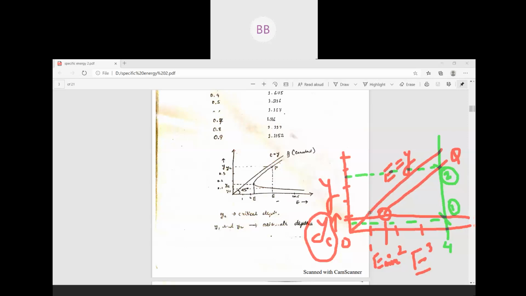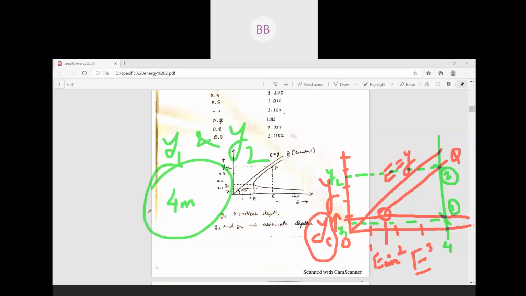That means for both depths we have the same specific energy. Suppose this is your y1 and this is your y2. For y1 and y2 we have the same specific energy of 4 meters. Understood? So we have two depths with the same specific energy.